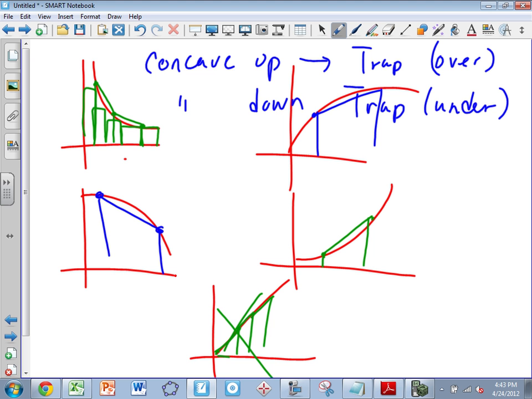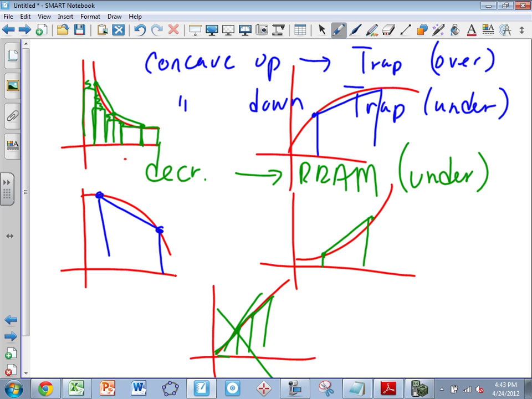Under, because I've got all this extra space in here, right? So when a function is decreasing, RRAM will under approximate it. What do you think LRAM will do? It will over approximate. That's for a decreasing function.